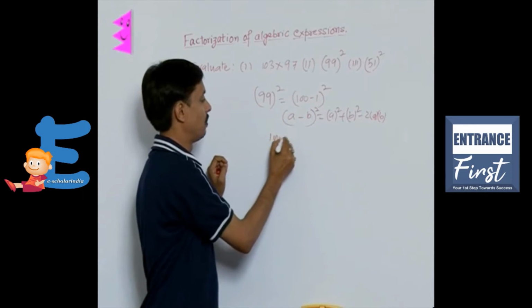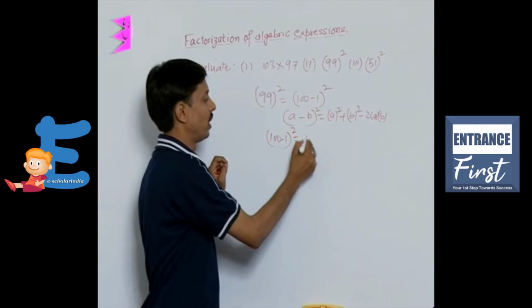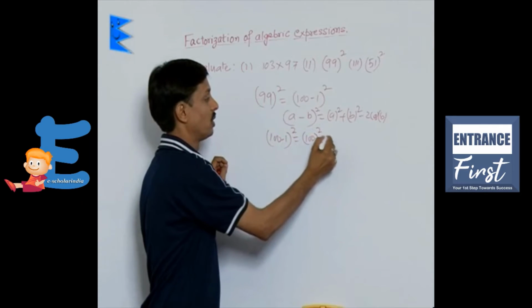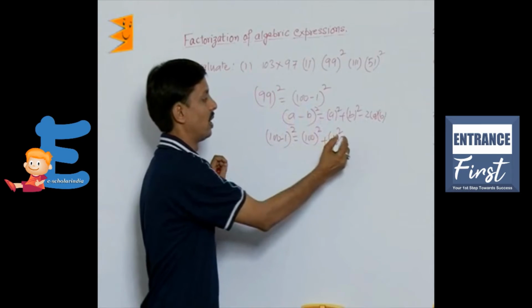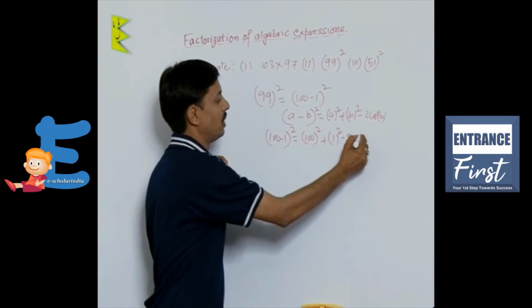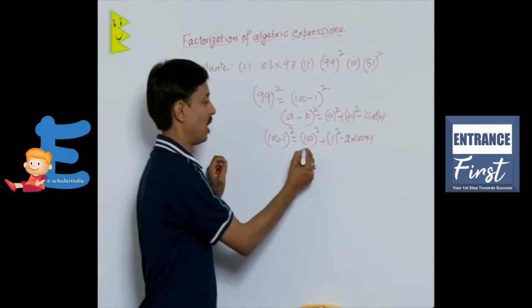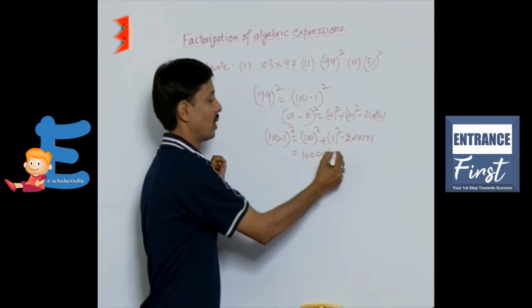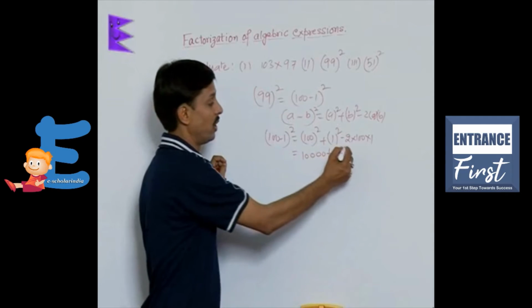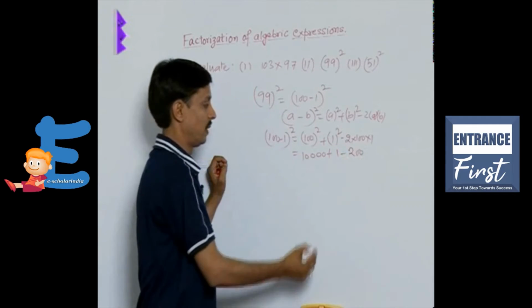So (100 − 1)² is equal to 100² + 1² − 2 × 100 × 1, because a is 100 and b is 1. 100² is 10,000, plus 1² is 1, minus 2 into 100, which is 200.